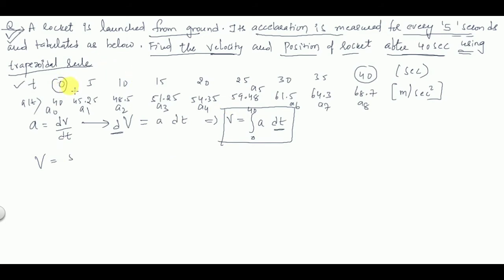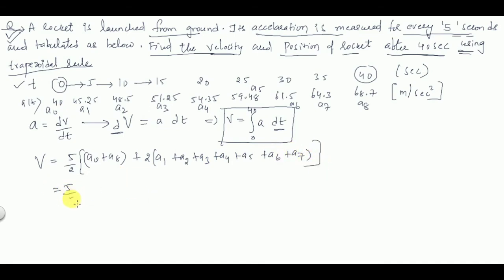The step size h is still 5, so 5 by 2 into a0 plus a8, plus 2 into the remaining a1, a2, a3, a4, a5, a6 and a7.